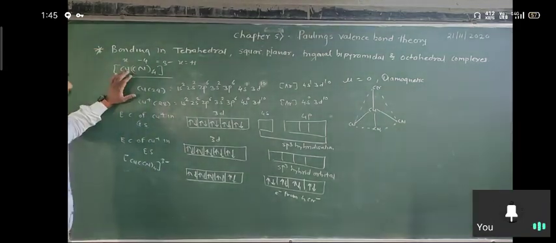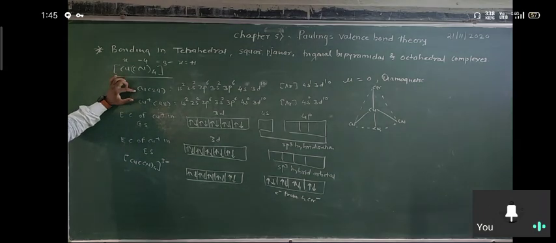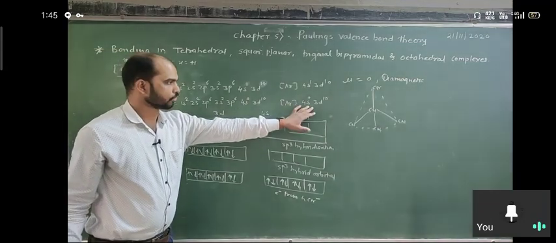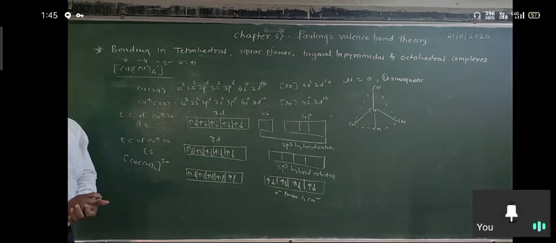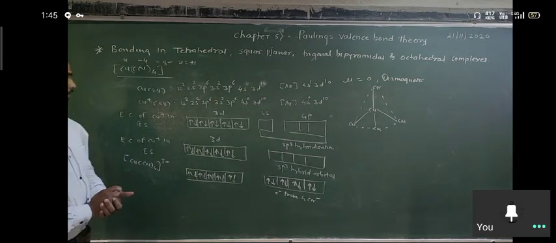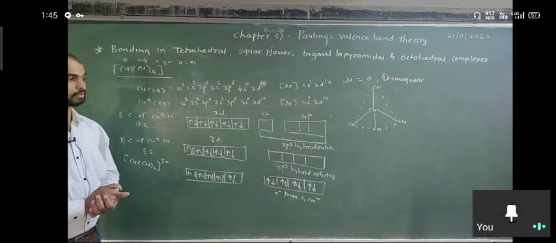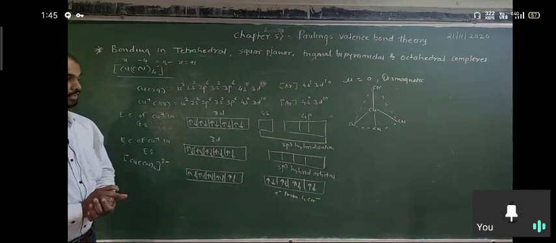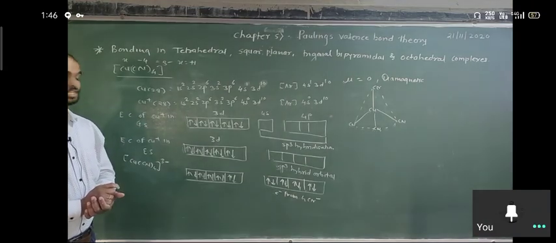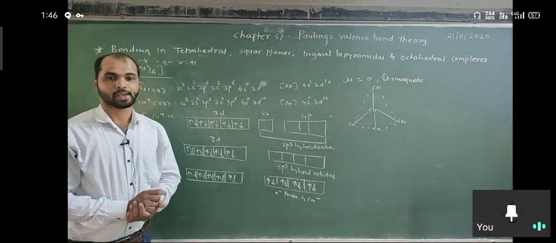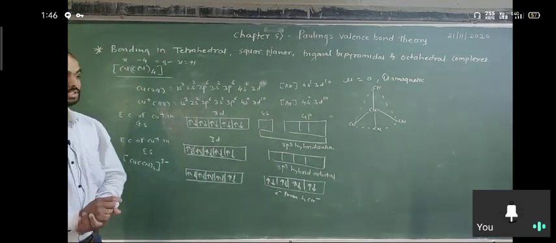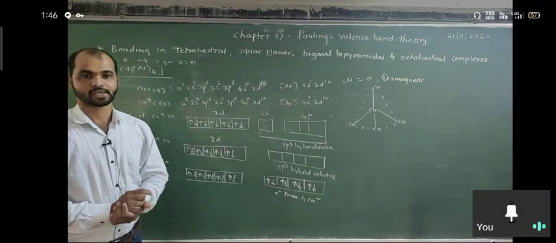In the [Cu(CN)4]3- complex, the Cu+ ion has the electronic configuration 4s0 3d10. 3d is completely filled, and to make 4 bonds with 4 CN minus, Cu+ makes available 4 empty orbitals, which are one 4s and three 4p, which undergo hybridization to form a set of 4 sp3 hybrid orbitals which overlap with the filled orbitals of the 4 CN minus ions.